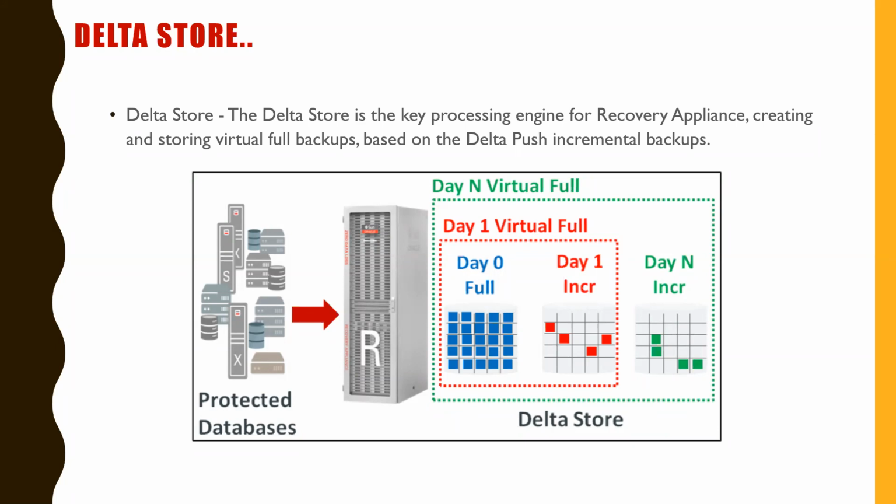When I take an incremental backup, it immediately creates a virtual backup using both the day 0 full backup and the last incremental backup. Likewise, every day the same thing happens when we perform an incremental backup, so that we have the complete full backup even though we perform only an incremental backup.